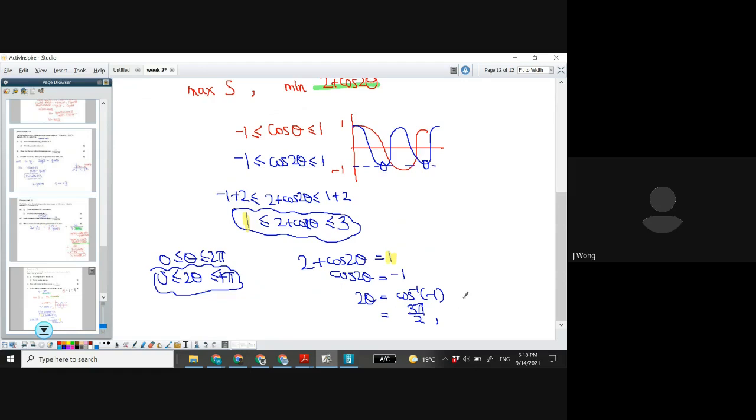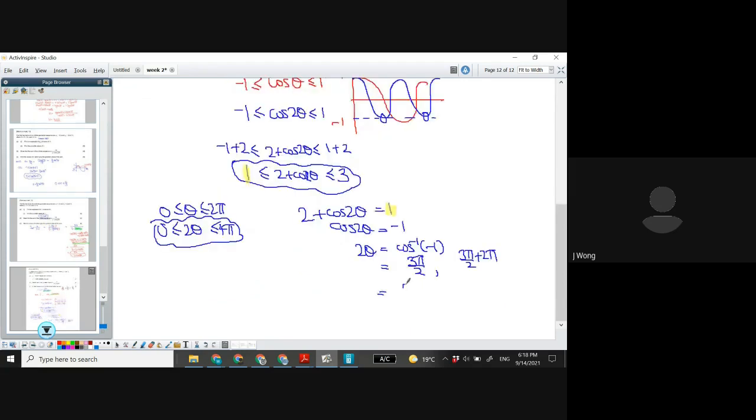So that will be 3 pi over 2 adding on 2 pi, which will give you 7 pi over 2. These are the 2 possible answers that you have for 2 theta. And then finally, in order to finish it off, just divide through by 2. And here's your answer: 3 pi over 4 and 7 pi over 4.